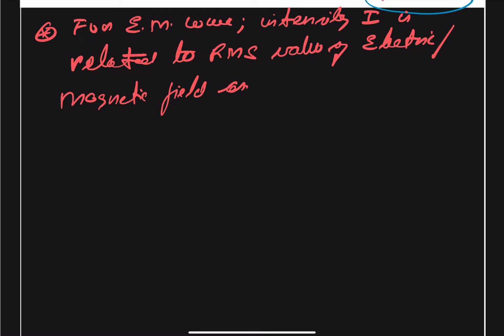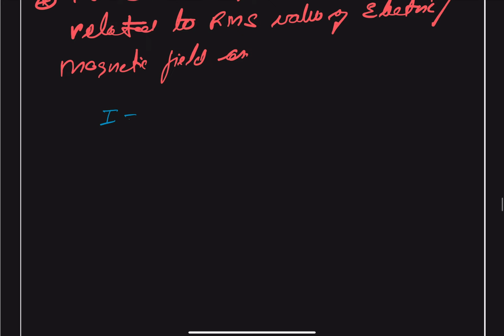I is equal to half c, that is speed of light, epsilon naught, E square RMS, and in terms of the magnetic field, this is c upon 2 mu naught times B, the magnetic field, RMS square.